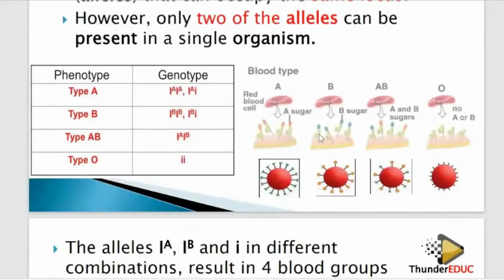So phenotypes, there are 4: 1, 2, 3, 4. You understand? And then the genotypes, there are 1, 2, 3, 4, 5, 6. That's what I say, because this is homozygous and heterozygous, homozygous and heterozygous, codominant, and then homozygous recessive.